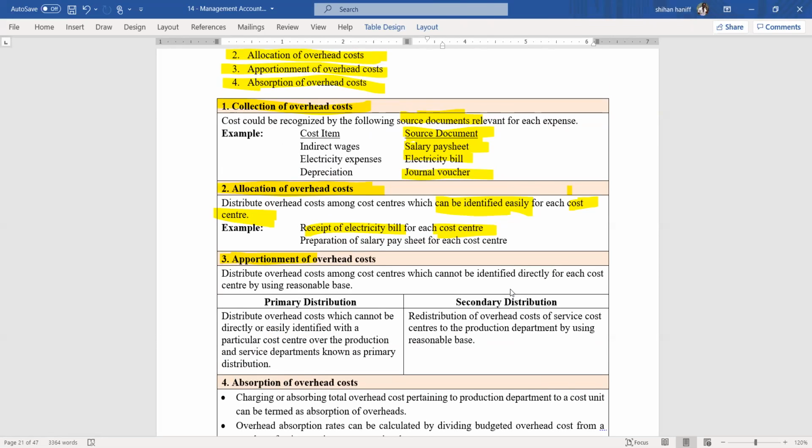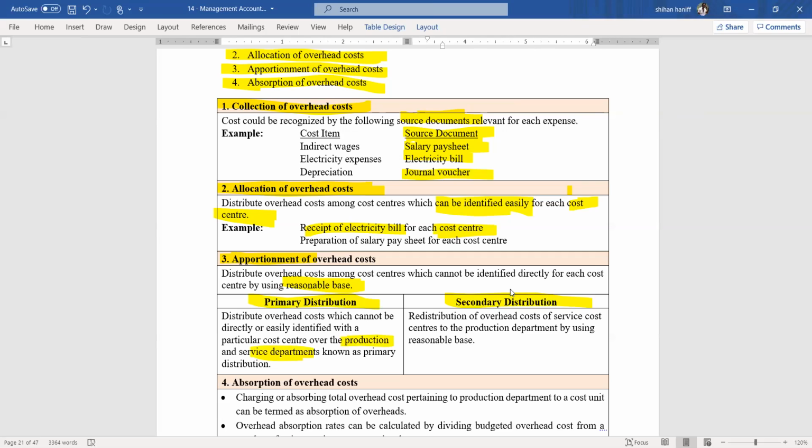Then the third step is apportionment. Now, if you can't directly identify the overhead cost, then you have to use a reasonable basis to allocate. That is called apportionment. Apportionment has 2 parts, primary and secondary. Primary means you apportion all the cost to the production and service department both.